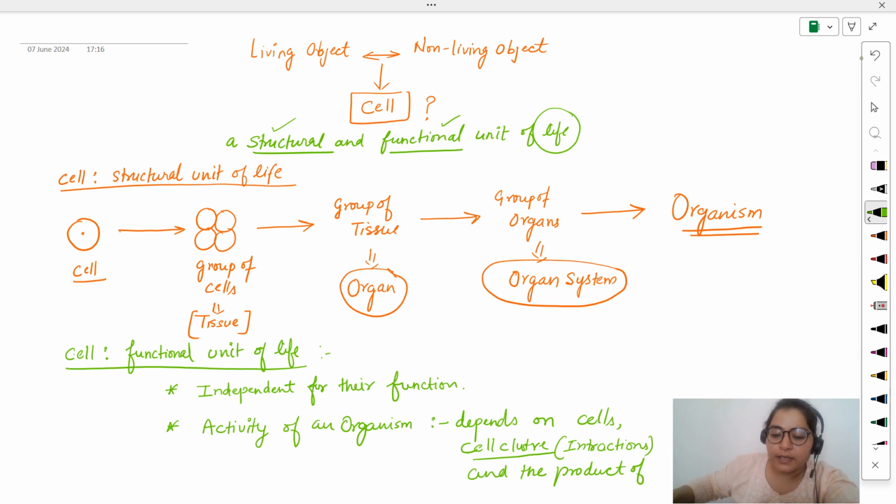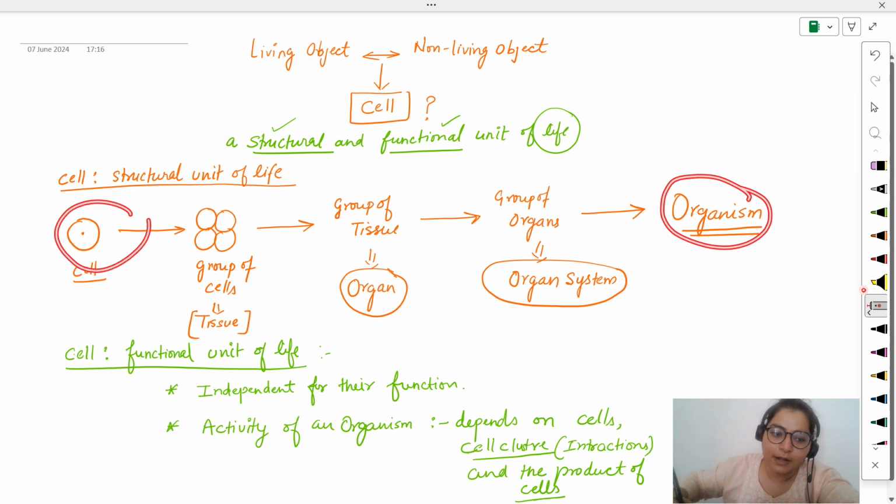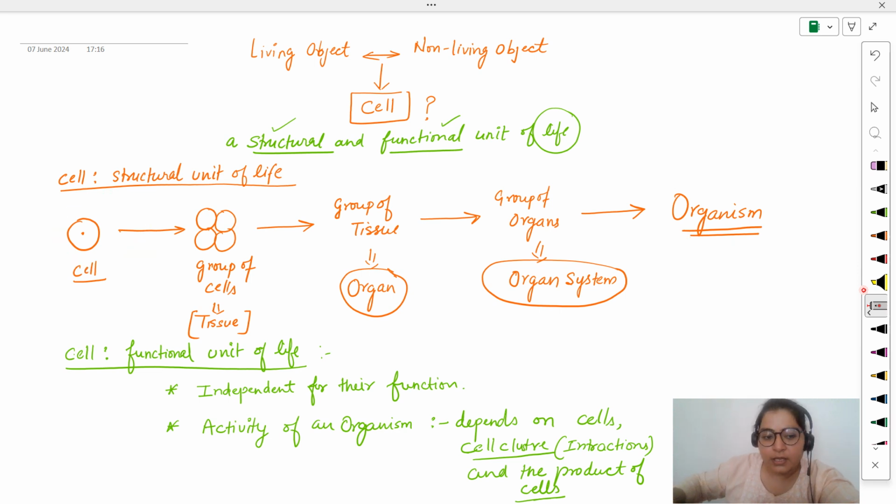Product of cell means, as we already saw in the structural unit, an organism depends on the cell to form an organism. If cells form an organism, then cells and cell groups form clusters in the form of tissues, organs and organ systems.